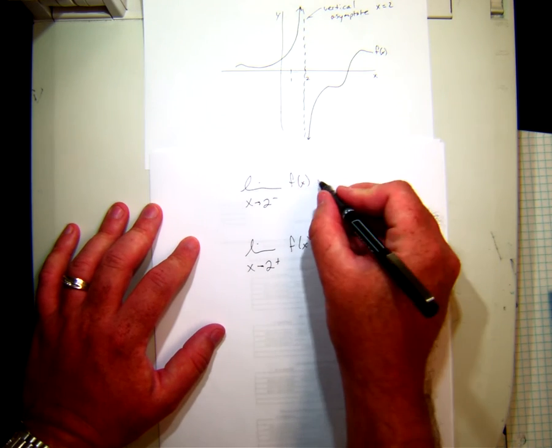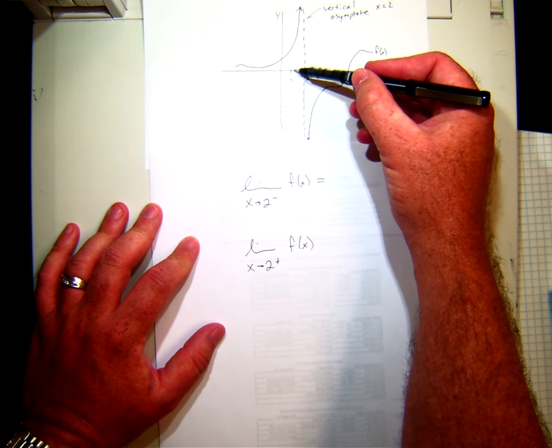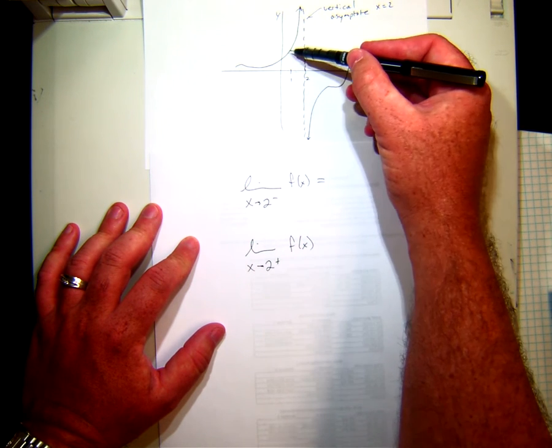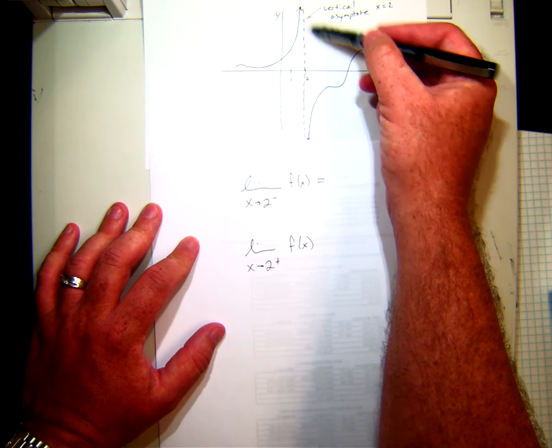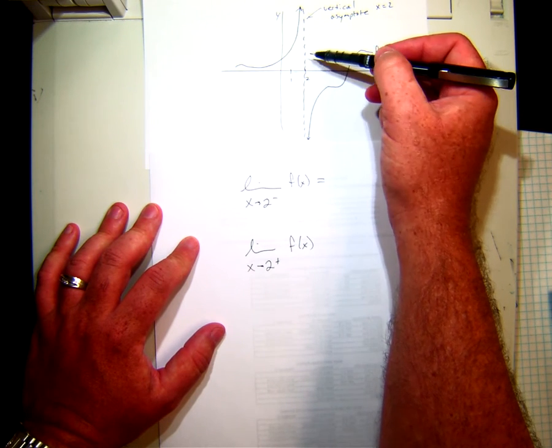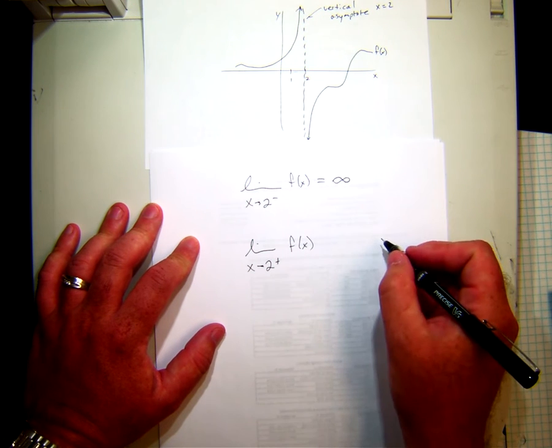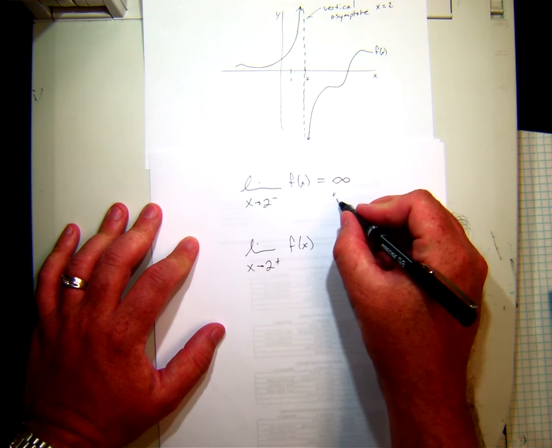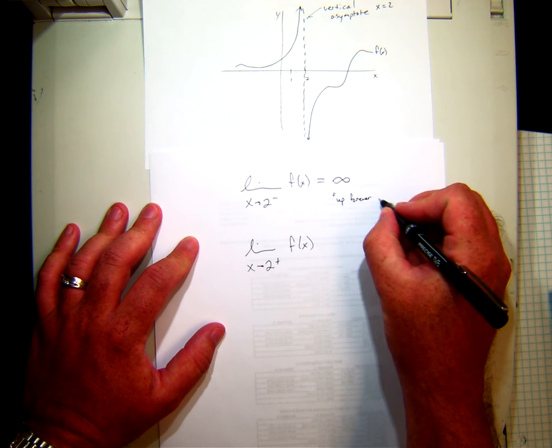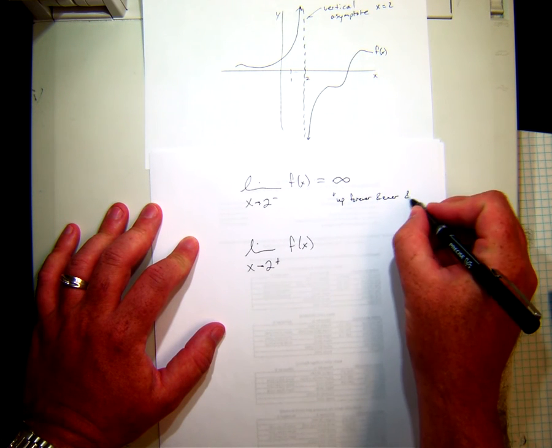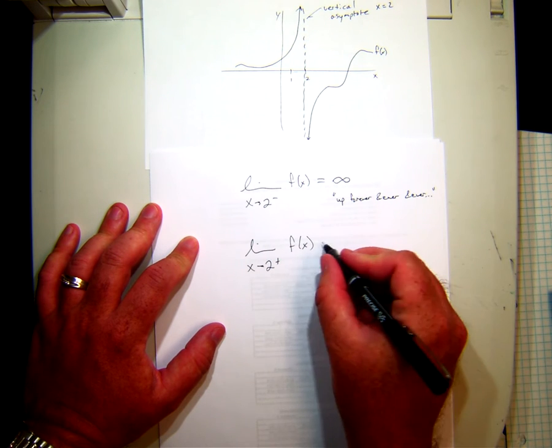The limit as x approaches 2 from the left, so that's 1.9, 1.99, 1.999, do you agree that this is going up forever and ever? It's never going to quite touch that vertical line. So if it's up forever, we're going to use the symbol infinity. That's just so we don't have to write up forever and ever, because that would be silly.